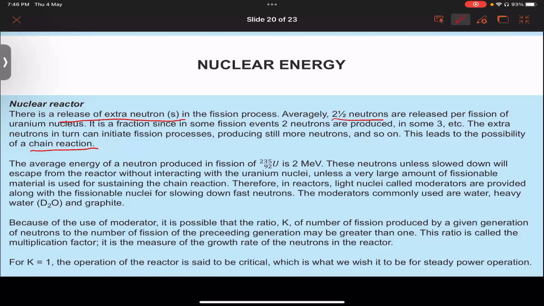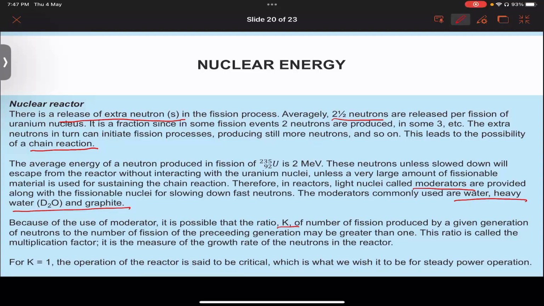So to control the interaction between the neutron and the uranium nuclei, we need something called moderators. We usually use water, heavy water or graphite as the moderators, along with the uranium nuclei, to slow down these fast neutrons. Because of these moderators, there is a ratio K. What is the ratio K?